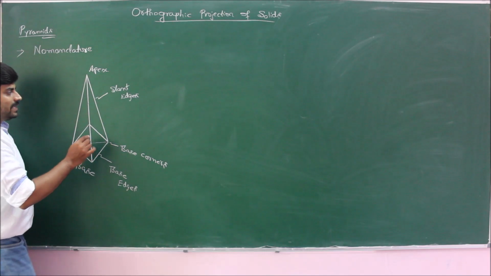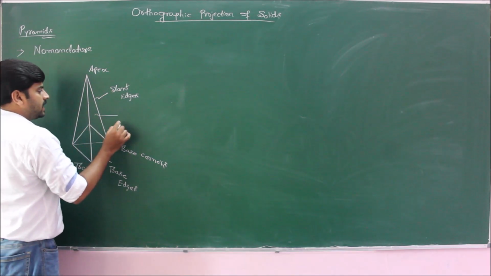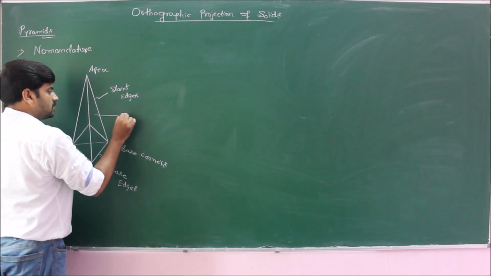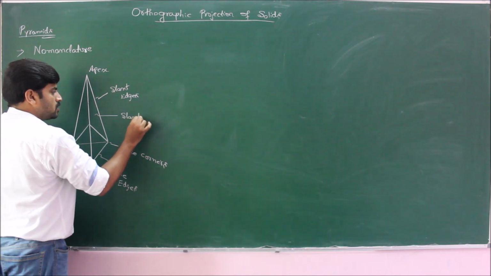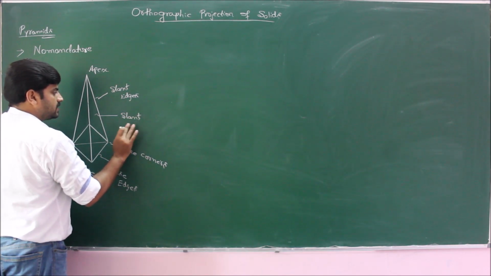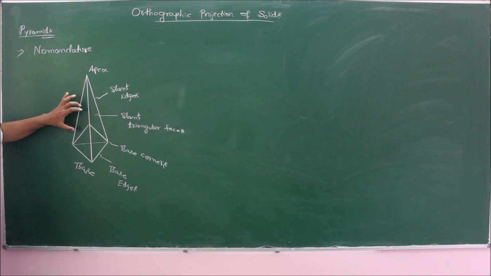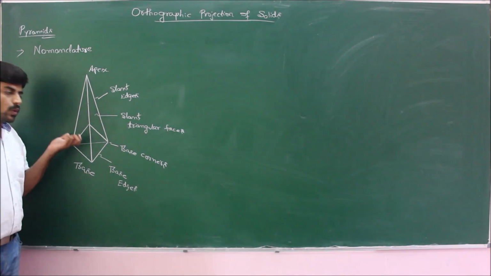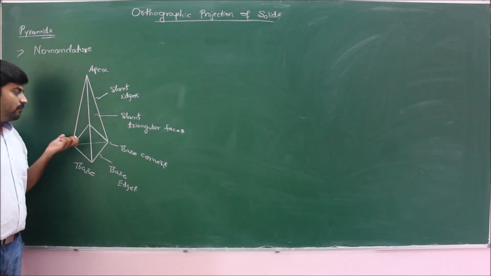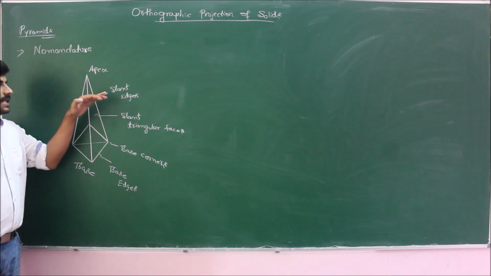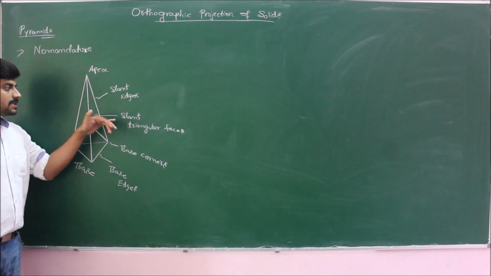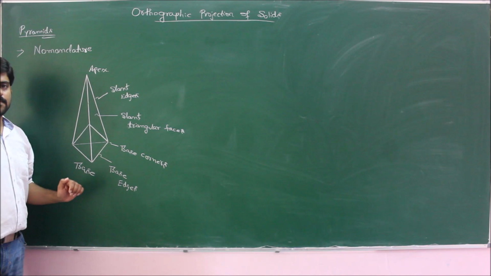And one more important thing is the slant triangular faces. Therefore, if you clearly observe, a square based pyramid will have 4 slant edges and 4 slant triangular faces.